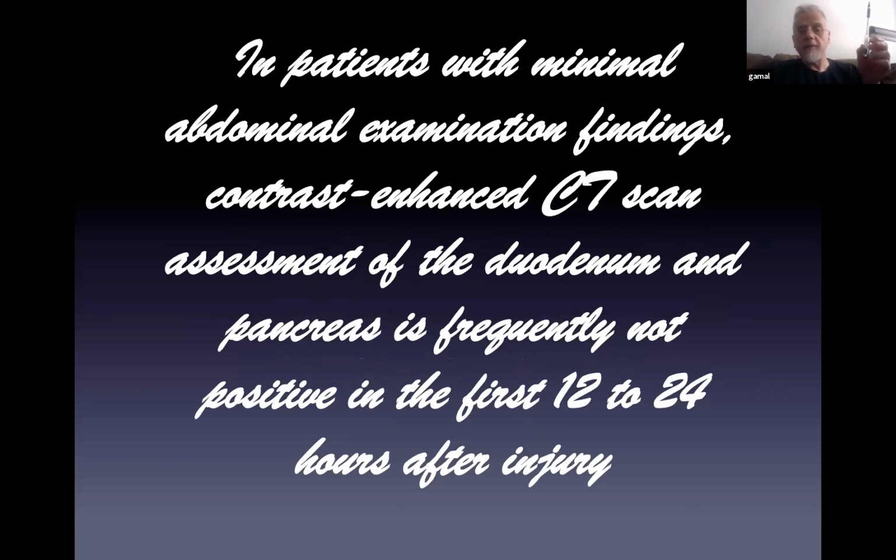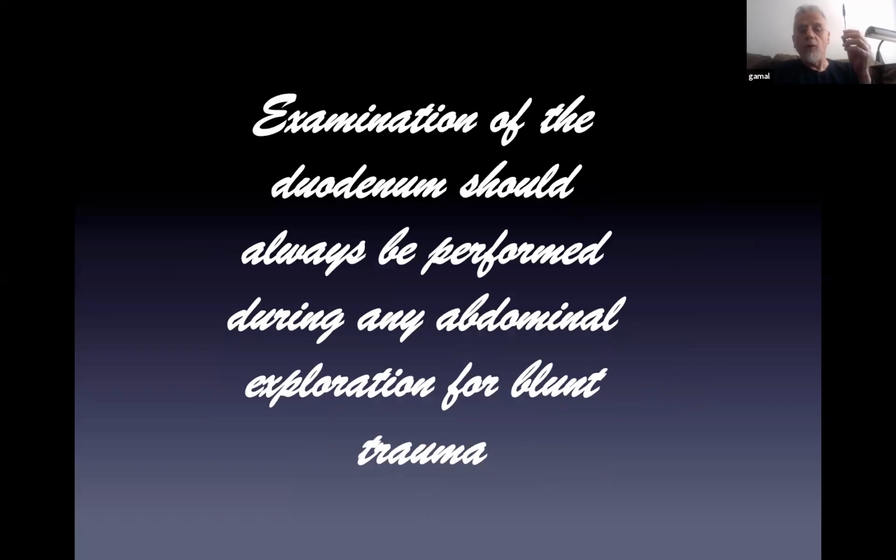So in patients with minimal abdominal findings, CAT scan is usually used. Examination of the duodenum should always be performed during any abdominal exploration for blunt trauma. If you're going in the abdomen for any blunt trauma, for a small bowel injury, liver, kidney, please check the duodenum.